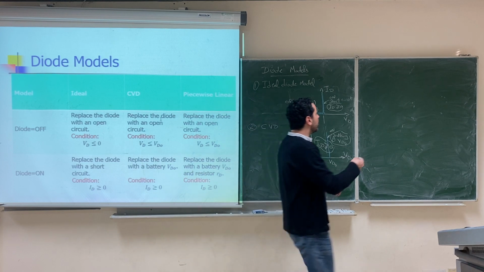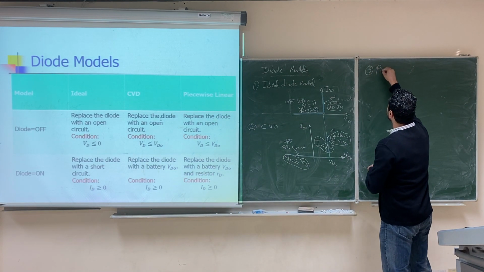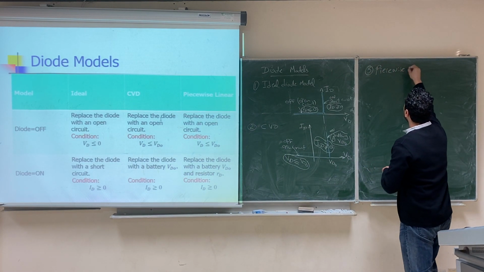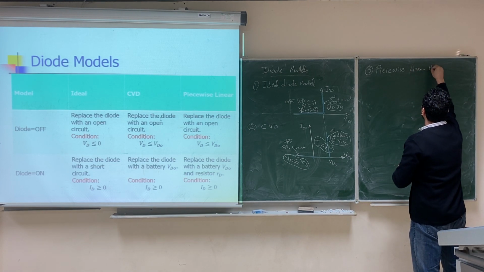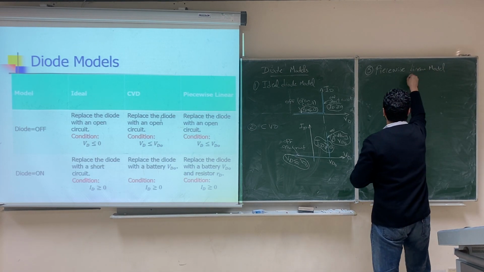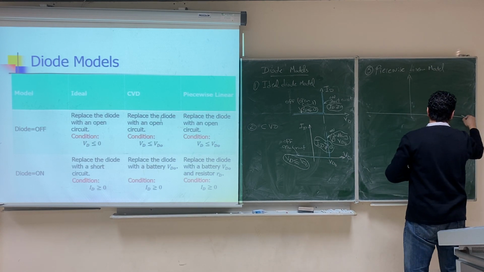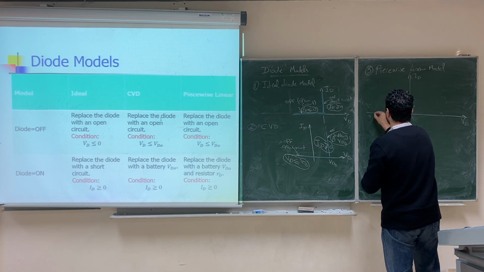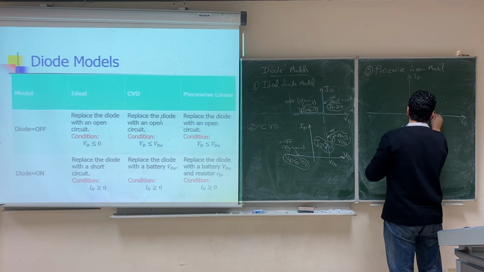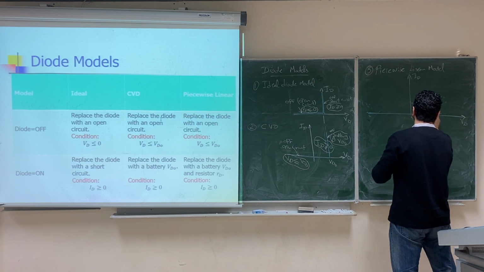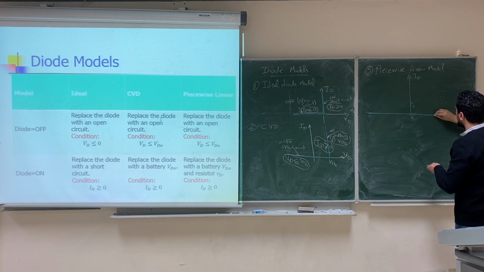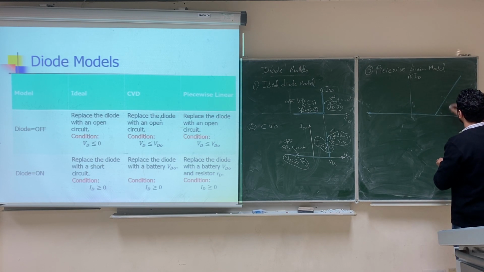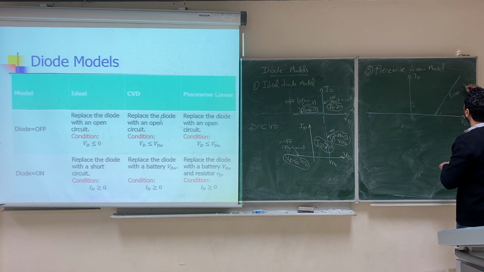The third model was the piecewise linear model, where we approximated the terminal characteristics of the diode, VD and ID, by a curve that looks like this. 0 here, and then a line that is not vertical, a line with a certain slope, and the slope of this line is 1 over the resistance.